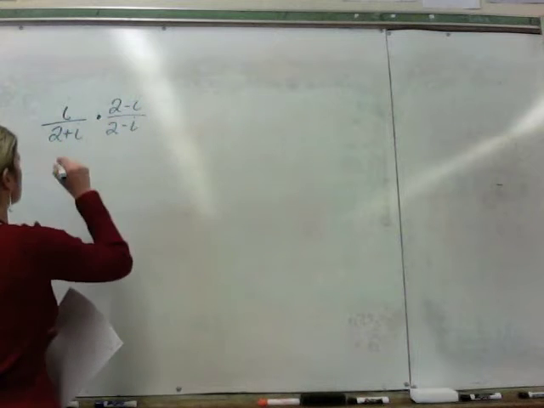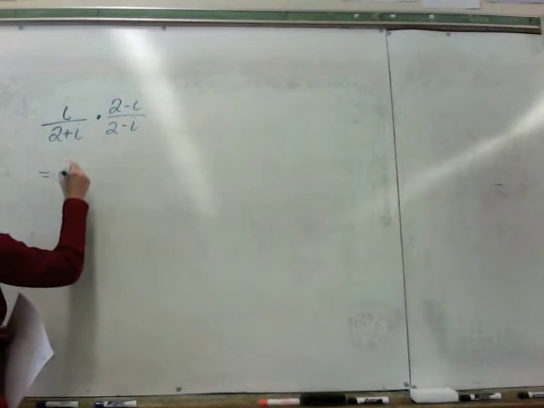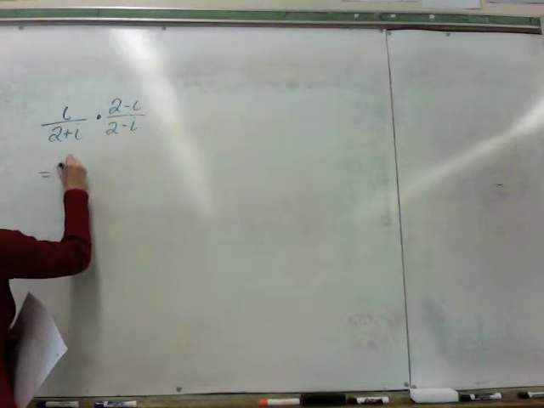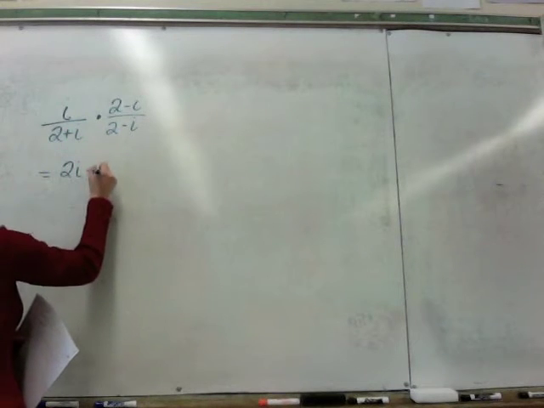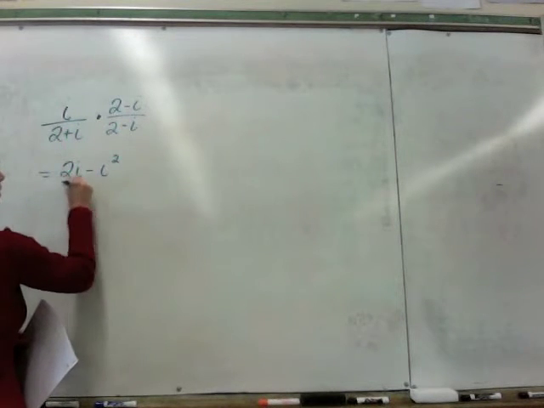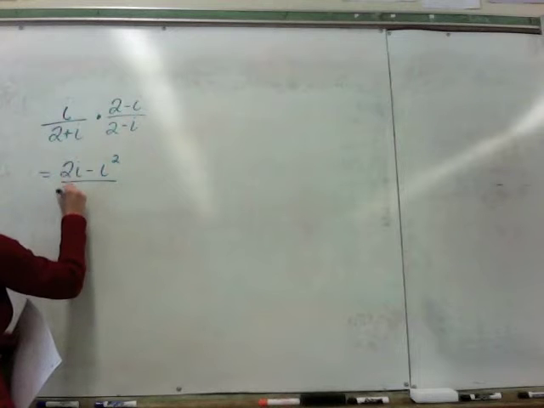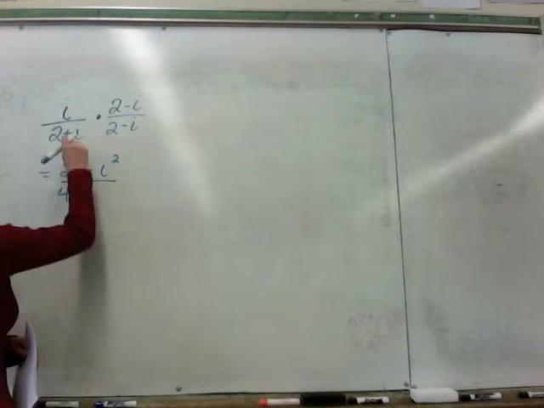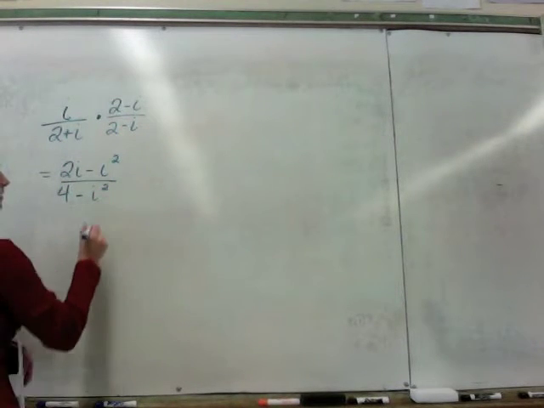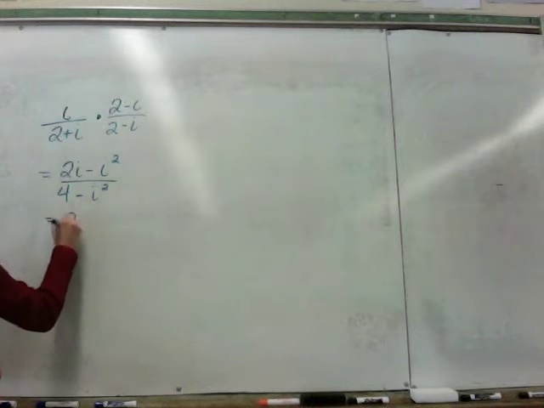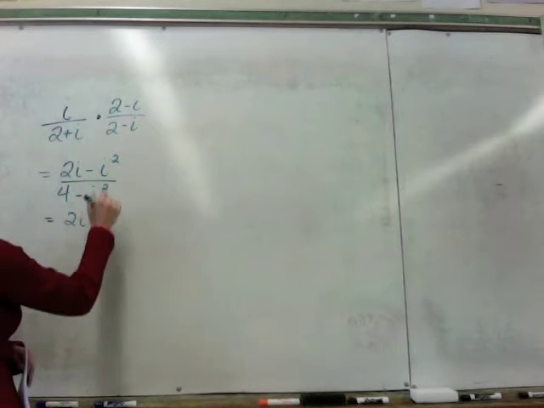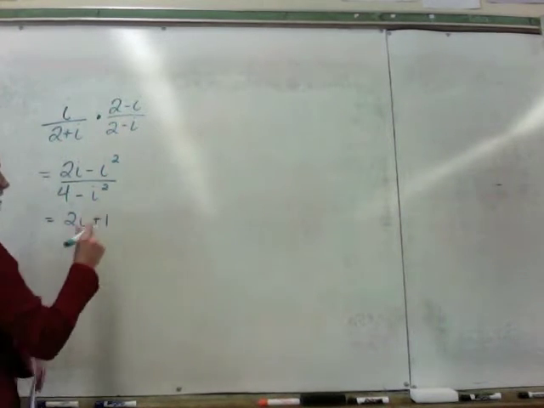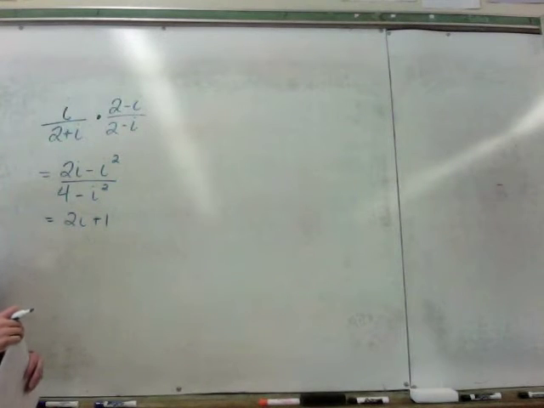Okay? So we are going to end up with this equaling 2i minus i squared over, and then this becomes 4 minus i squared. Okay, so this becomes 2i, let's see here, plus 1, right, because minus i squared.